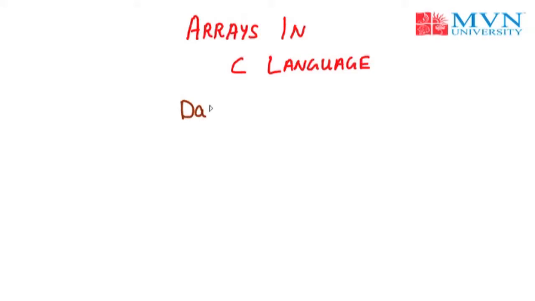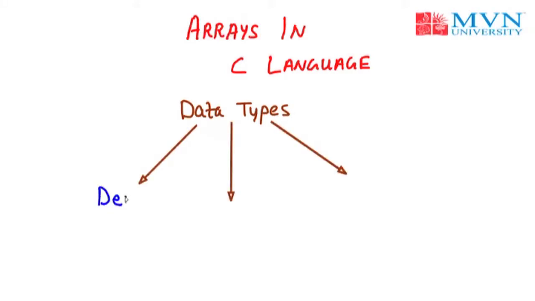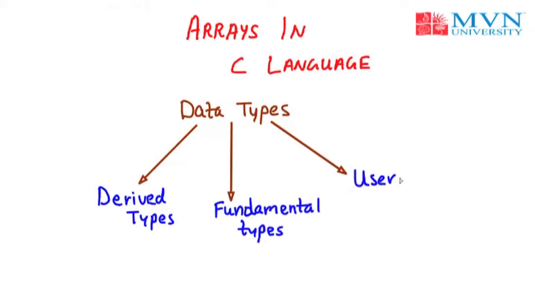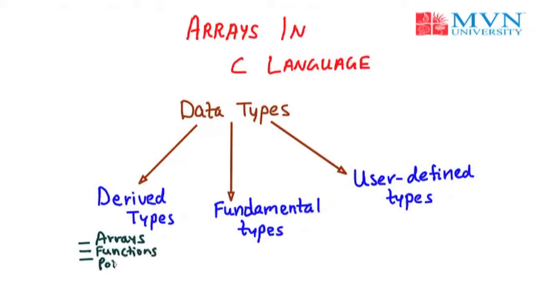Data types in C language are basically divided into three categories: derived types, primary or fundamental types, and user-defined types. In derived types, there are basically three types: arrays, functions, and pointers.